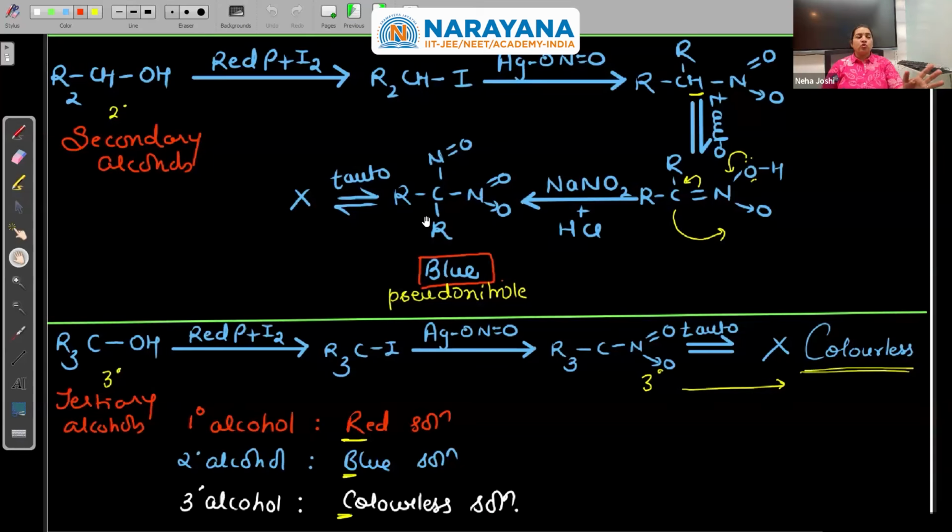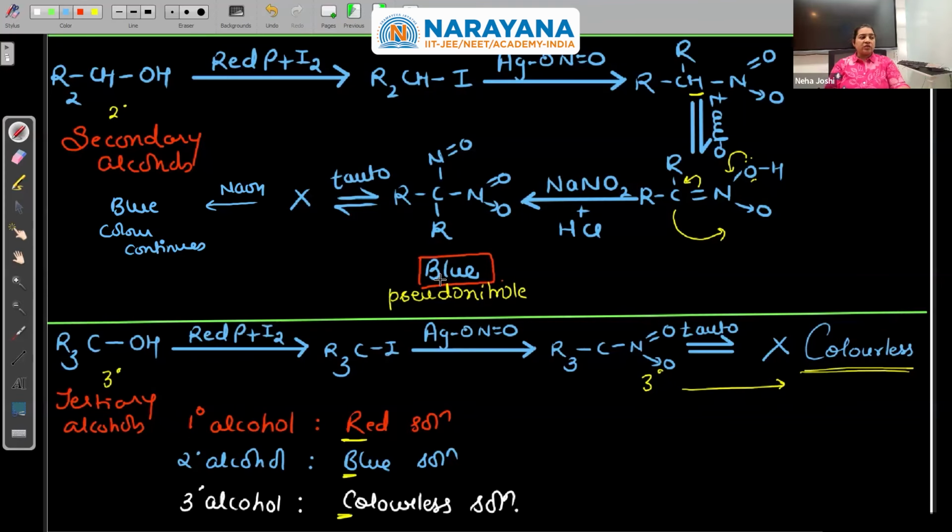Even if I add NaOH, the blue color continues because salt is not formed.